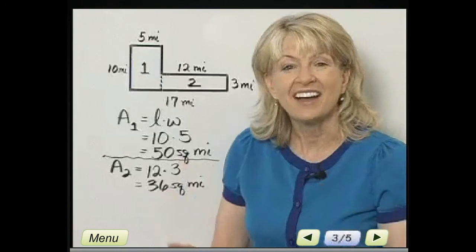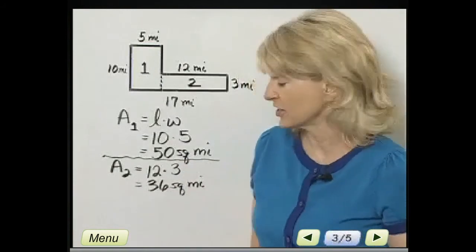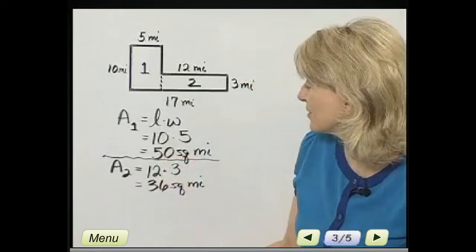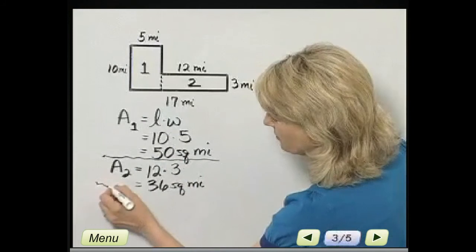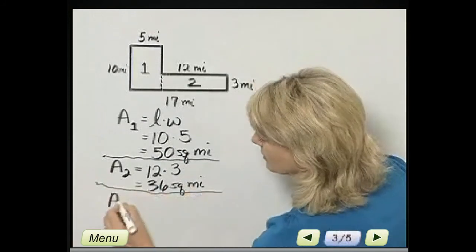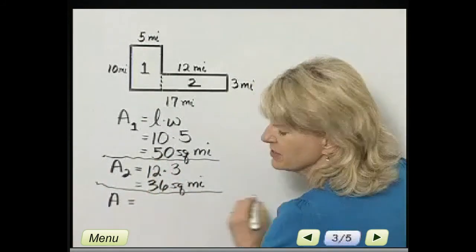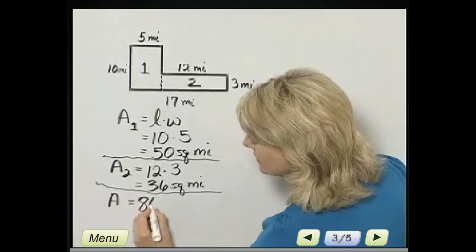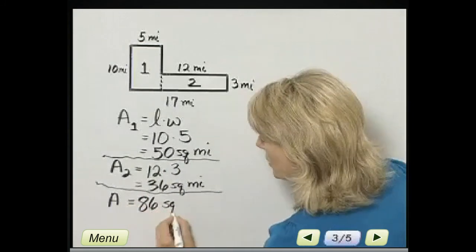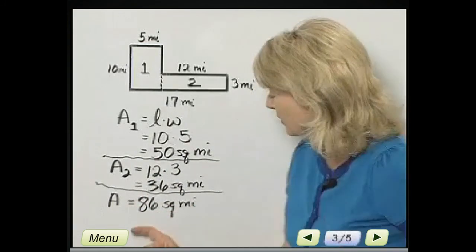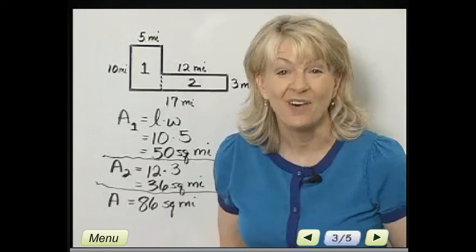Then how do I find the area of the entire L-shaped figure? We add these two. So the area is 50 plus 36, that's 86 square miles. There we go. There's our area.